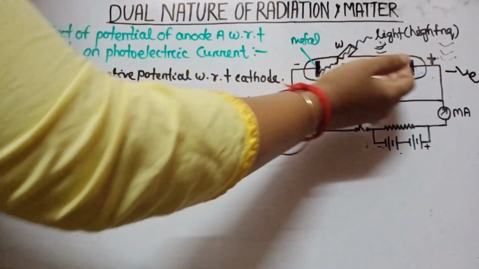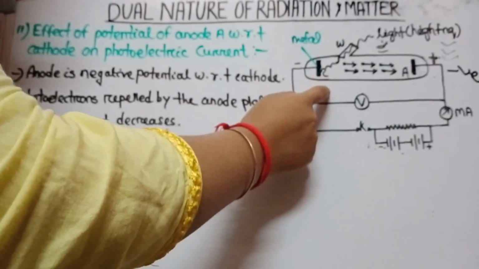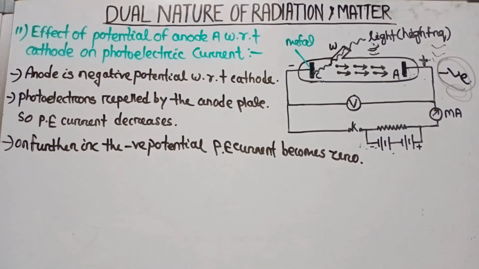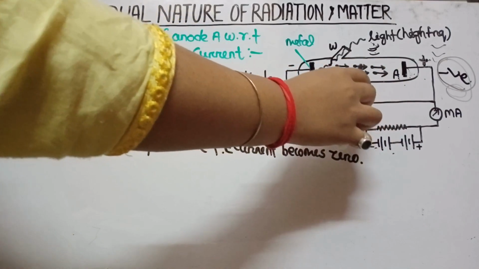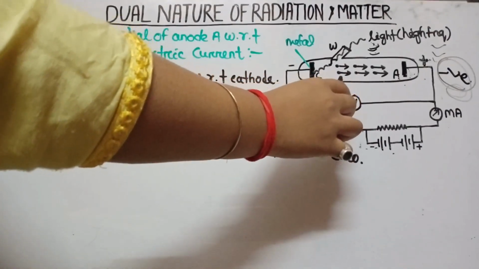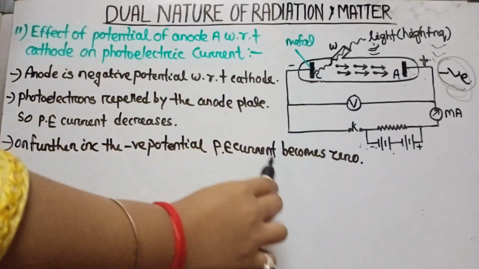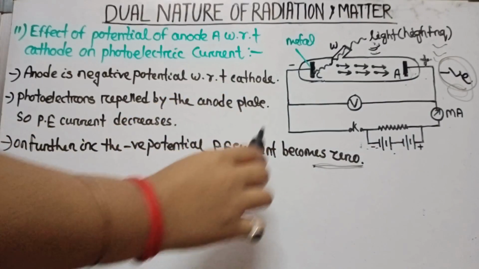As it repels the free electrons, the photoelectric current decreases. Okay. And as we further increase the negative potential of the anode plate, the photoelectric current gradually decreases and a situation arises where the photoelectric current becomes zero.